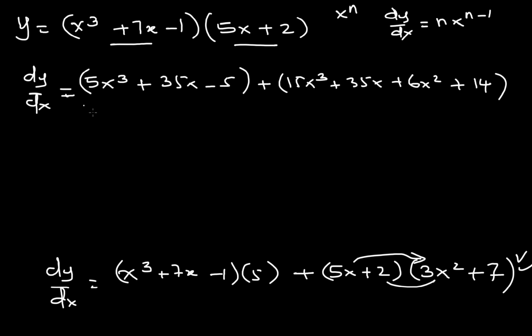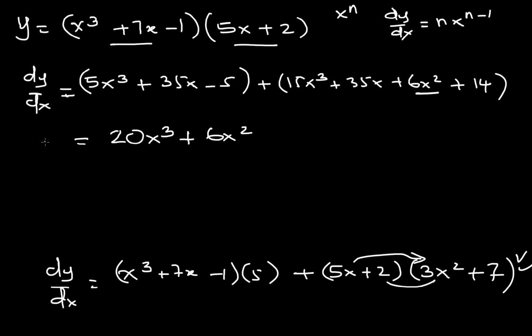The next step is we simplify again. So now we look for like terms. This one and that one are like terms, so we're going to say it's 20x^3. The only one with x^2 is this one, so we're going to say plus 6x^2.